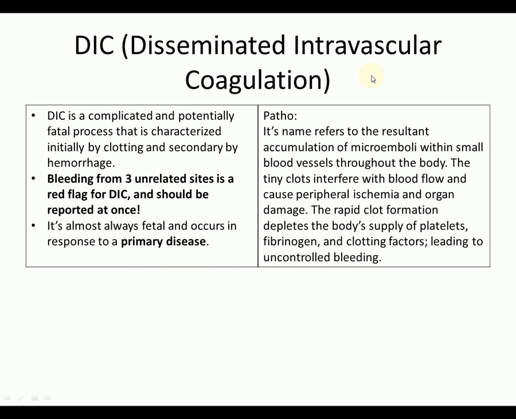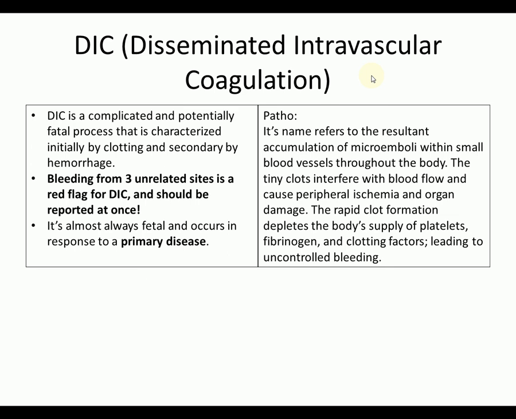Now let's talk about DIC. DIC is characterized by diffuse fibrin deposition in the microvasculature, consumption of coagulation factors, and endogenous generation of thrombin and plasmin.